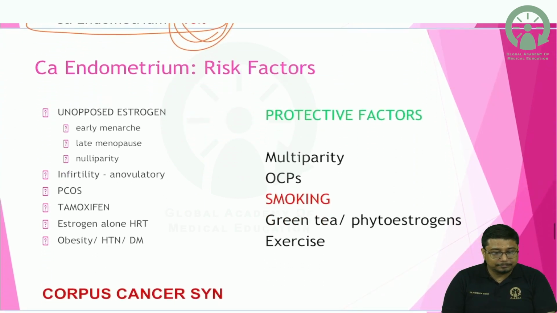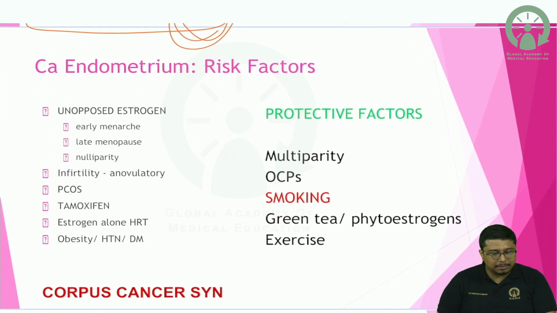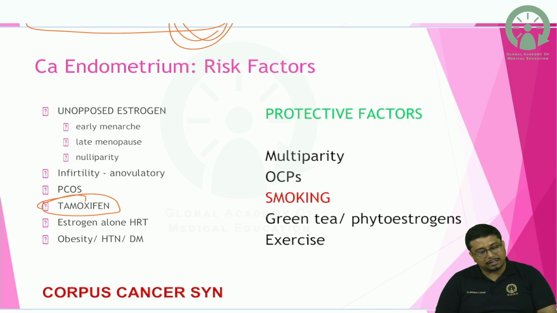Okay. So what are the CA endometrium risk factors? The risk factor is the triad of unopposed estrogen, like early menarche, late menopause, and nulliparity. Then anovulatory infertility, PCOS. Tamoxifen is a drug which is given for breast cancer management, and that drug can cause CA endometrium.